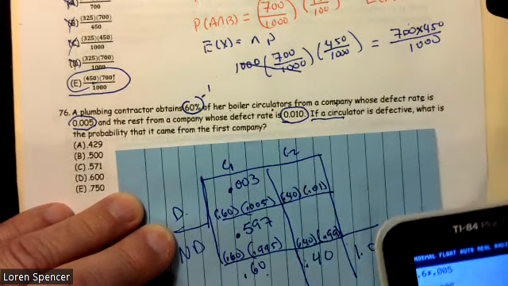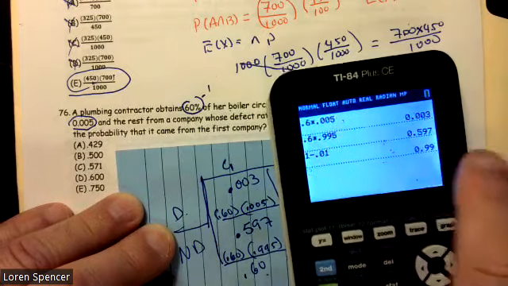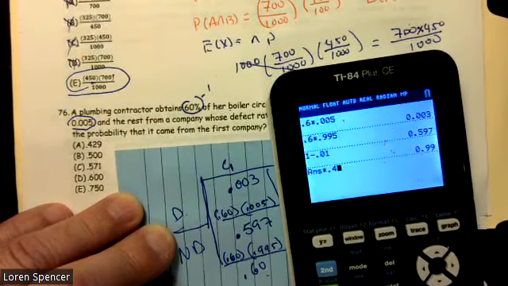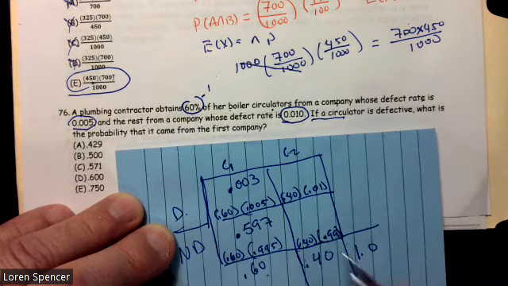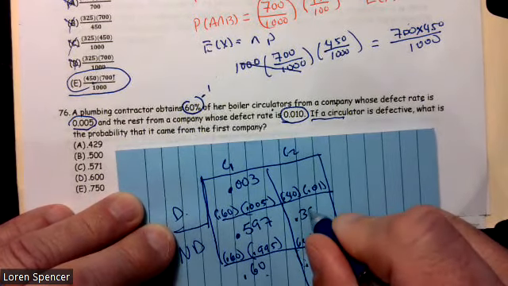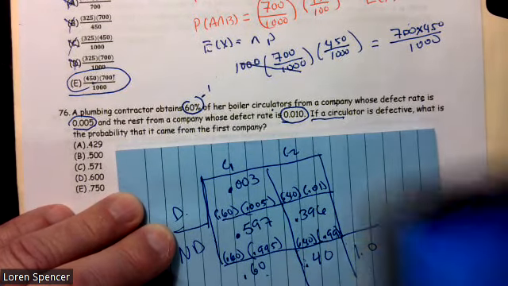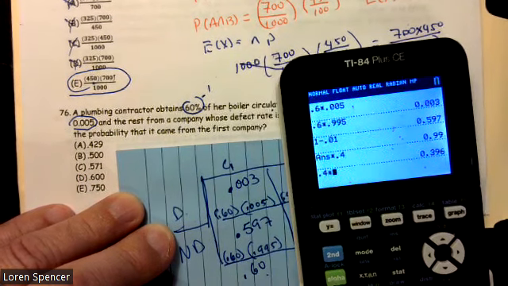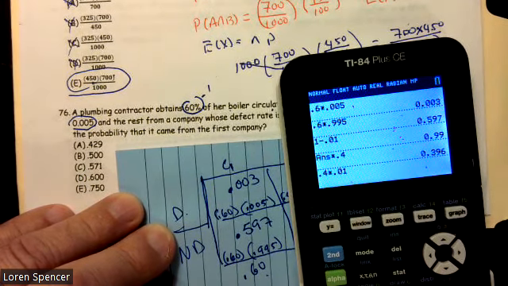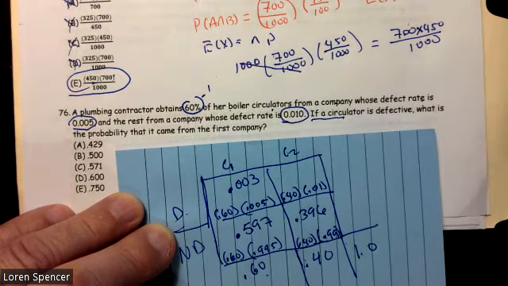So I need to multiply those. So 0.4 times 0.99 gives me 0.396. And 0.4 times 0.01 is 0.004.